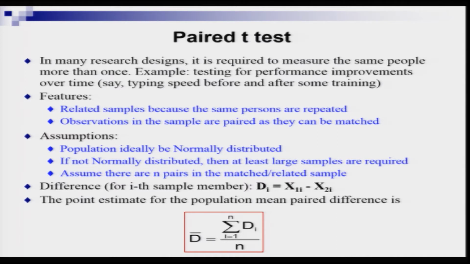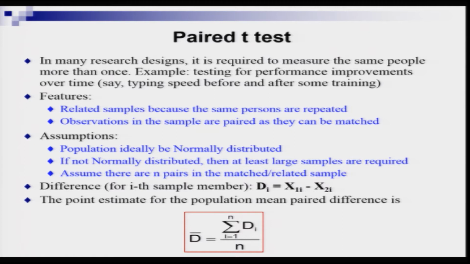So here is an example. Suppose the manager of an office, or your boss, has decided to send some staff for training so that they can improve their typing speed. Before he sent his staff to the training, the typing speed was recorded, and then after the training, when the person rejoins the job, again the typing speed is recorded.